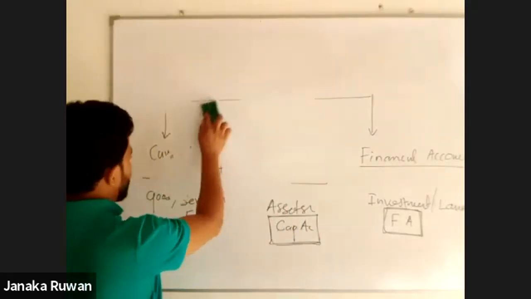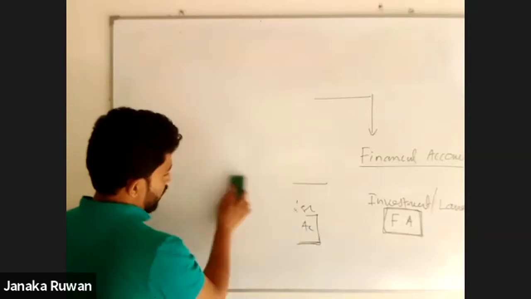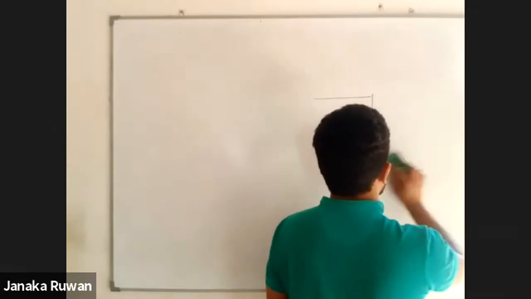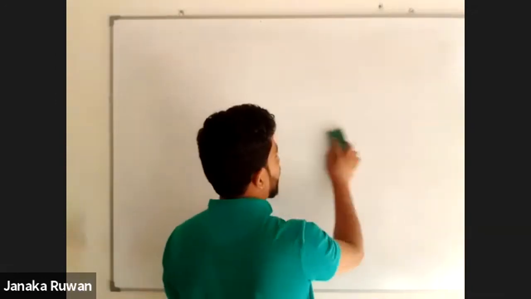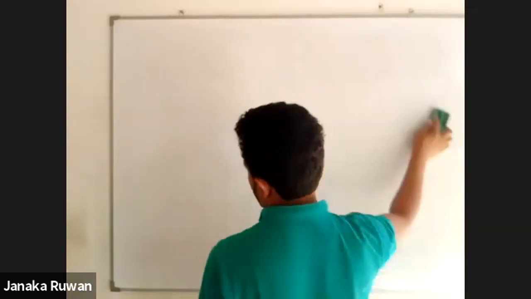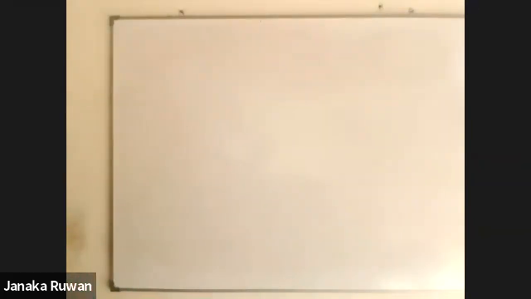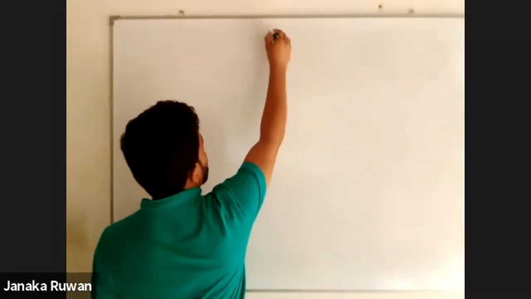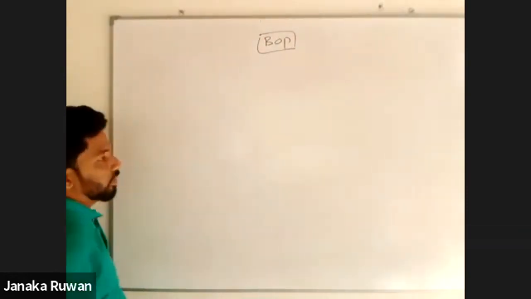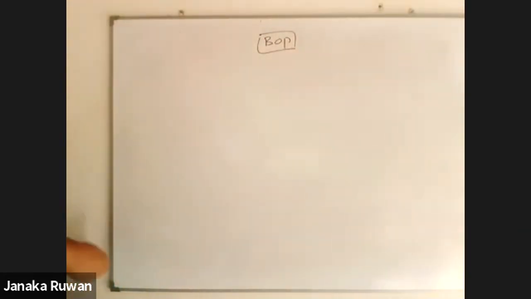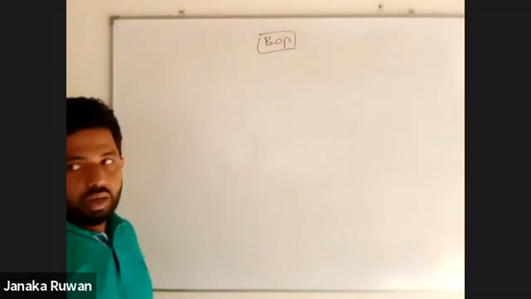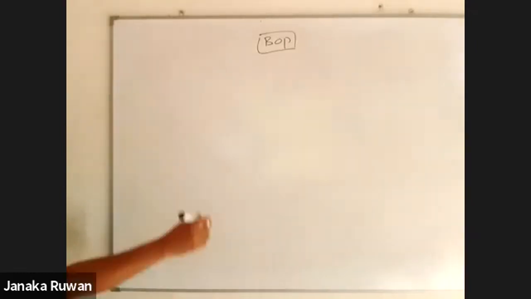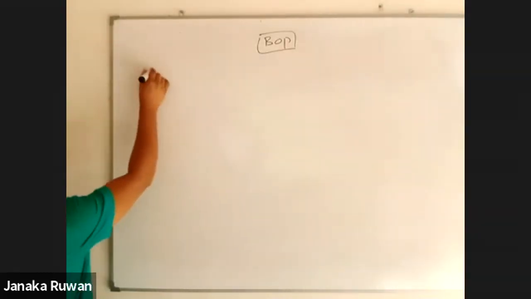Then we need to identify what sub-accounts we need to record in these three main components. We already know the three main parts of the balance of payment: the current account, capital account, and financial account. First you need to understand the current account.